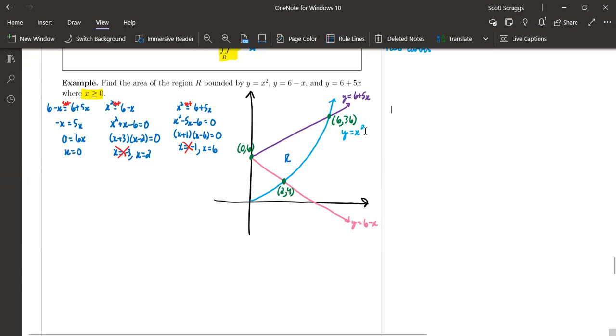Okay. So now that we have our intersections and we set up our curves, let's go ahead and start setting up this integral. The first advice that I would give is when you're setting up your region, I'm going to have y go from curve to curve, not x.